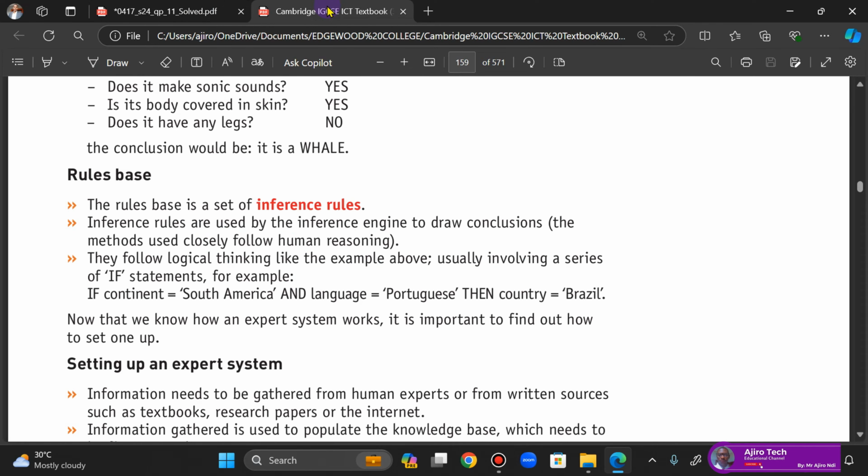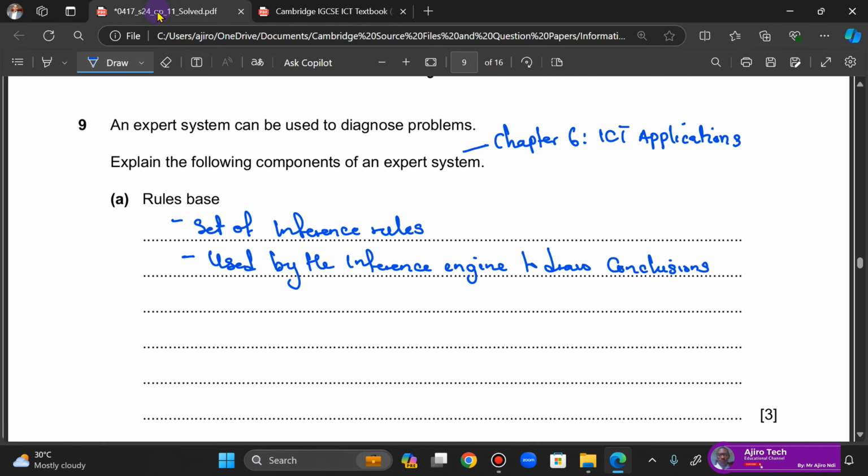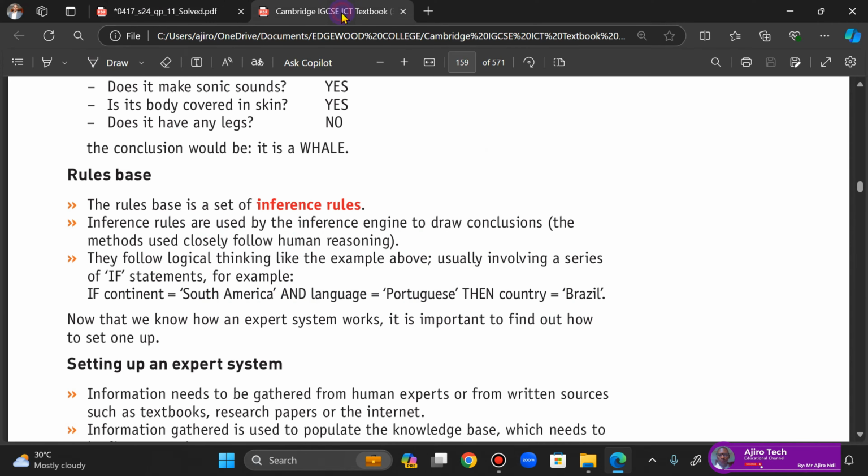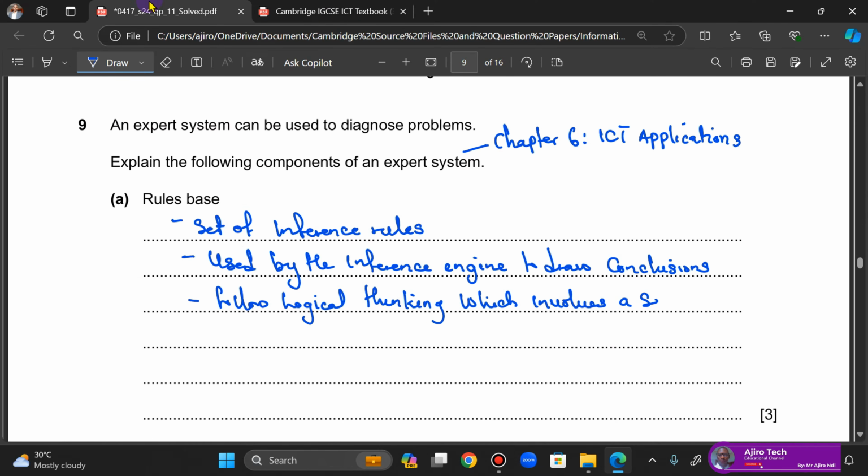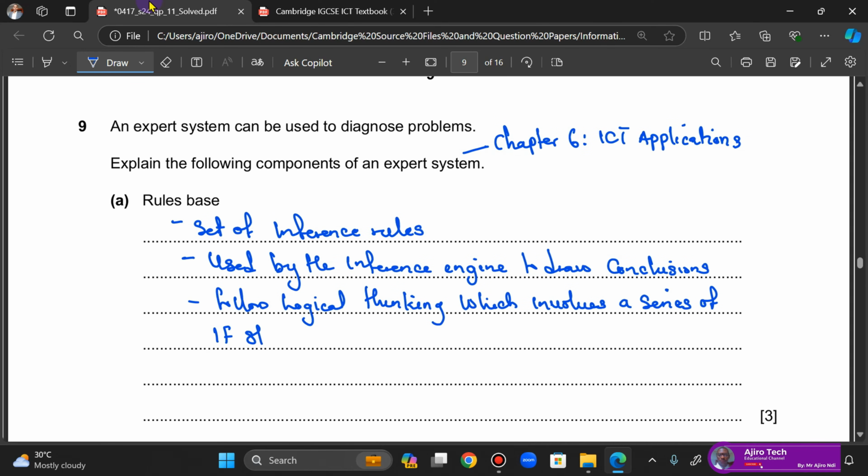The next one is that they follow logical thinking, which involves a series of if statements. They follow what? Logical thinking, which involves a series of if statements.